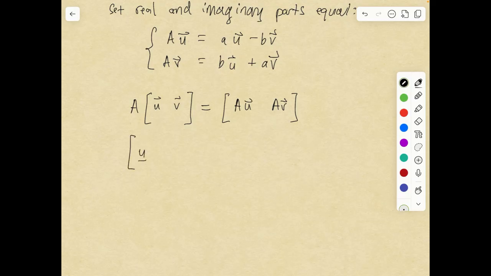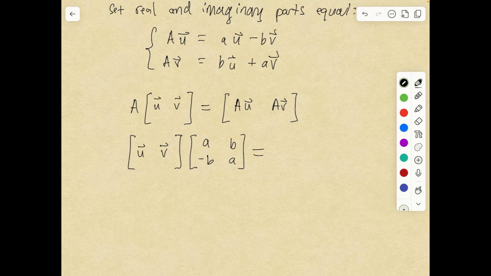Okay, now let's also look at the matrix UV, the matrix whose columns are U and V, and multiply it by this matrix A, negative B, B, A. Well, now we are using the fact that when you multiply by a matrix on the right, another way of thinking about matrix multiplication is that you're taking linear combinations of the columns.